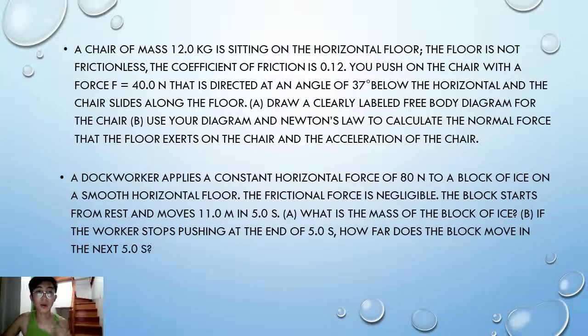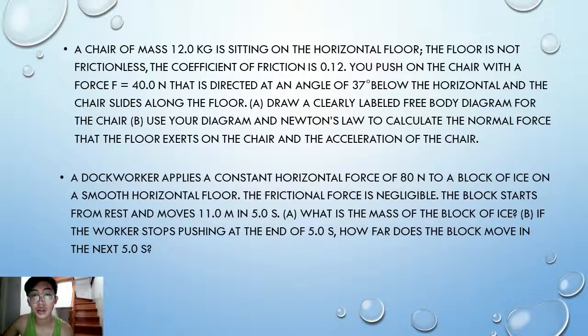So for our next problem, a chair of mass 12 kg is sitting on the horizontal floor. The floor is not frictionless. The coefficient of friction is 0.12. You push on the chair with a force F equals 40 Newton that is directed at an angle of 37 degrees below the horizontal, and the chair slides along the floor.